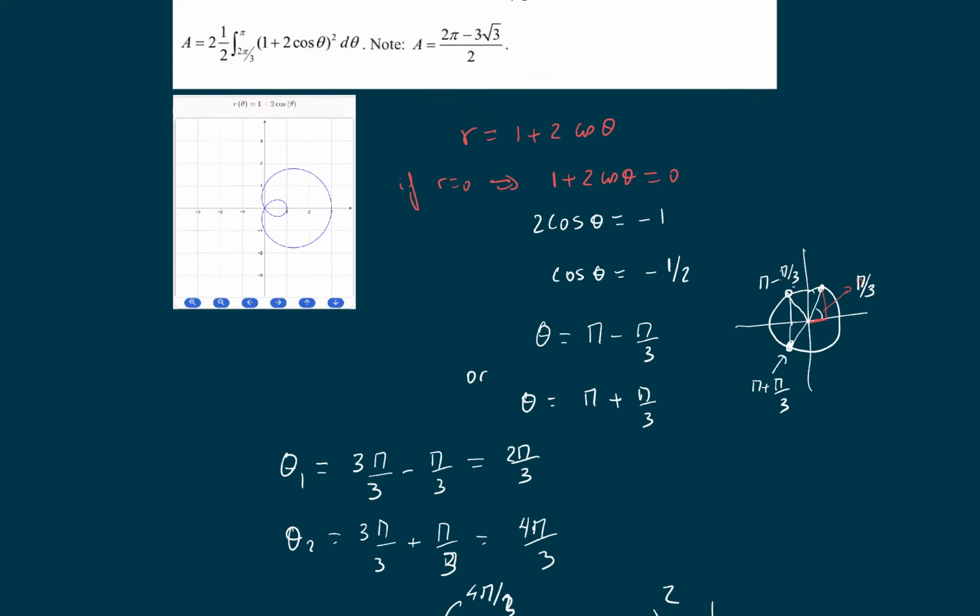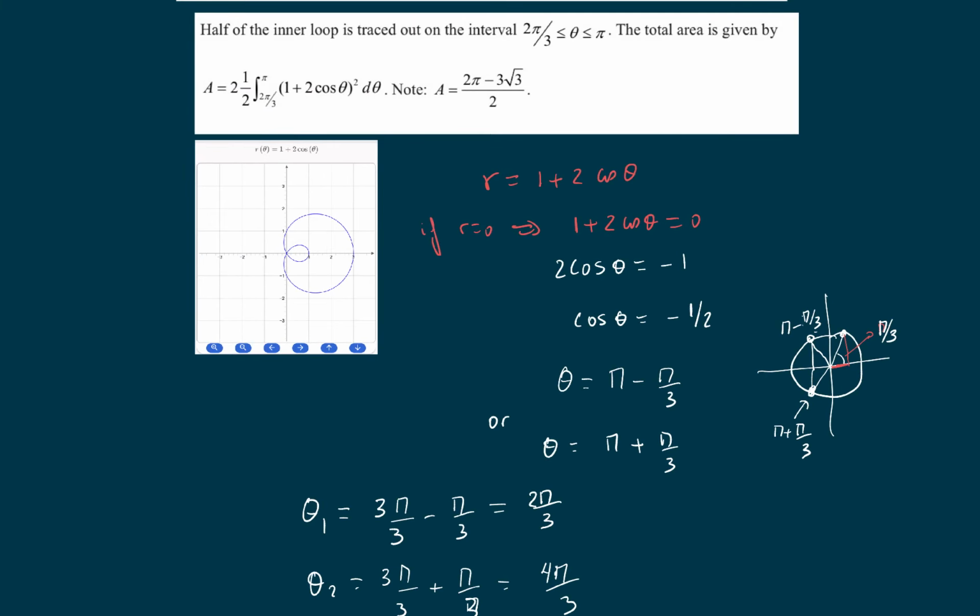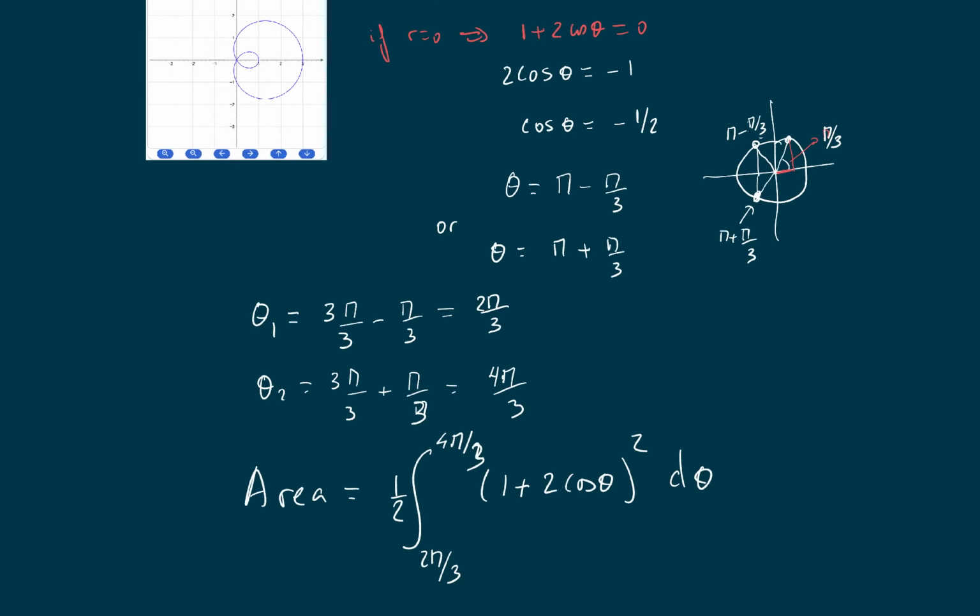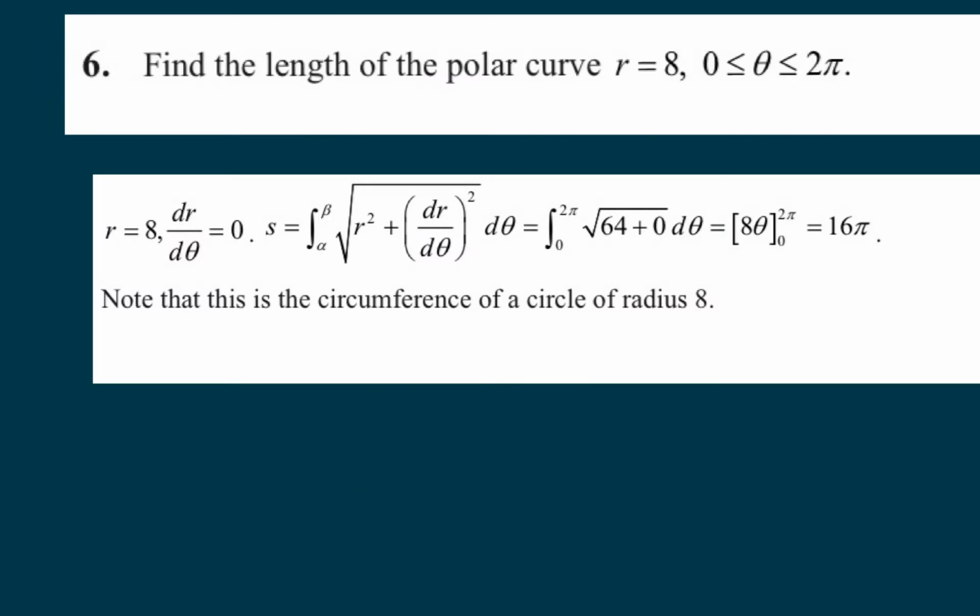I think that here they say from 2 pi divided by 3 to pi, but they multiply by 2. So it should be the same as doing the integral from 2 pi divided by 3 to 4 pi divided by 3 at once. Okay, so this is the result. Let's go to the next problem.